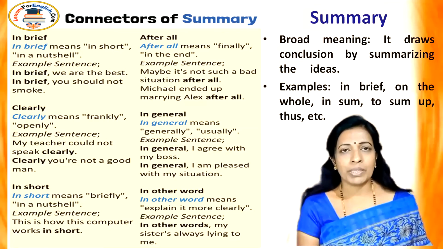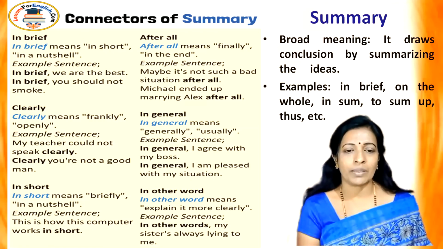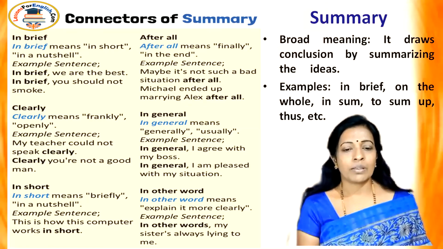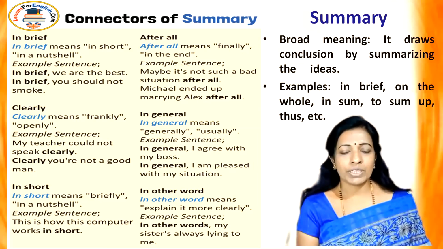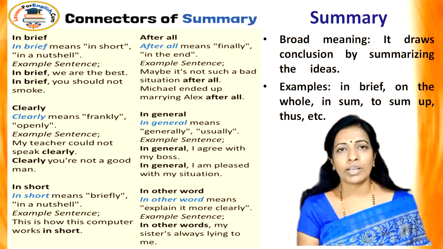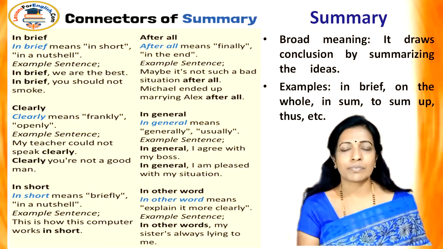After all means that you are summarizing it at the end, finally. In general means that you are trying to say what is the general opinion regarding that issue. In other words means that you are trying to explain it more clearly in your own words.